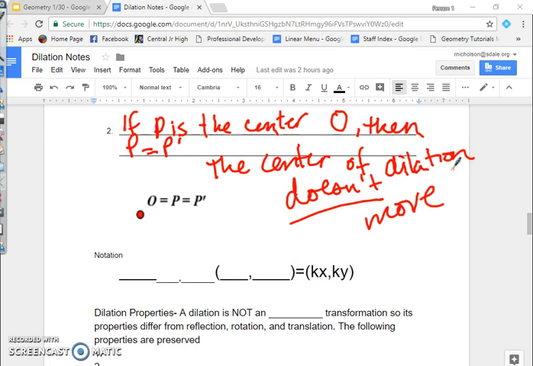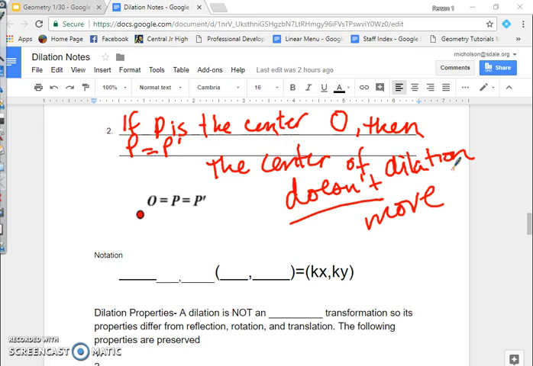Okay. So the last thing I'm going to get to on this portion of video, because I can only do 15 minutes at a time, is how to denote dilations. Think about when we were denoting transformations and we had translations, rotations, and reflections, right?